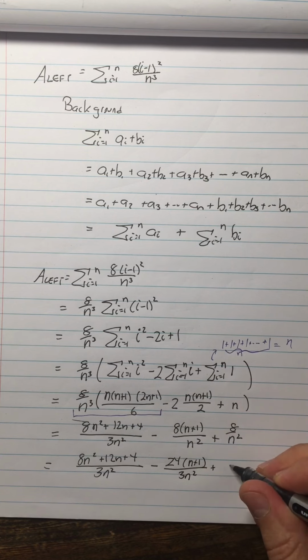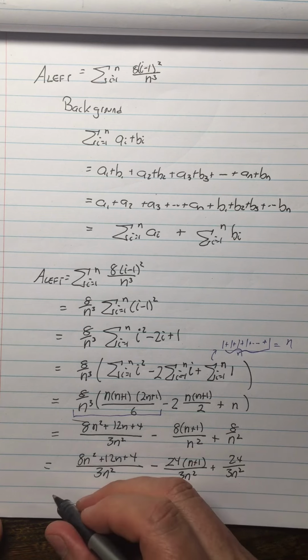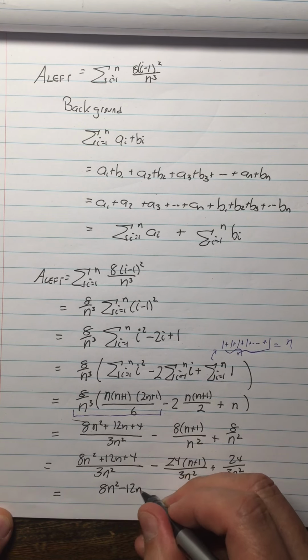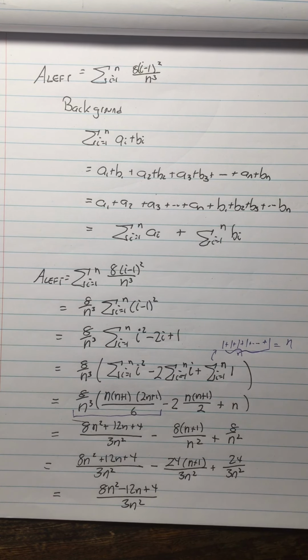And same here, multiply top and bottom by 3, 24 over 3n squared. All right, you can definitely simplify it from there. It comes out to be (8n squared minus 12n plus 4) over 3n squared. That's what that simplifies to.